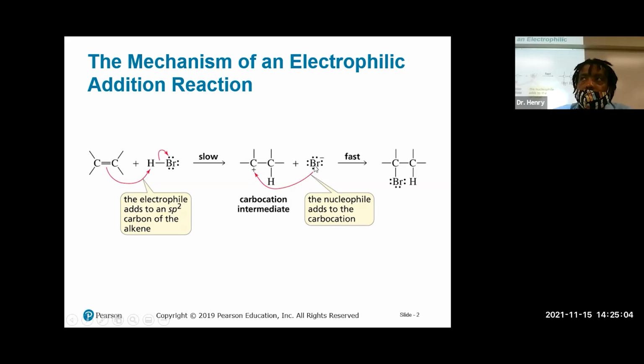Then the bromine adds its electrons to that carbon cation intermediate, and then you form, in this case, a bromide complex. The first part of the reaction is slow, so any carbocation formation is going to be a slow process, but the addition of the nucleophile is going to be a faster process.